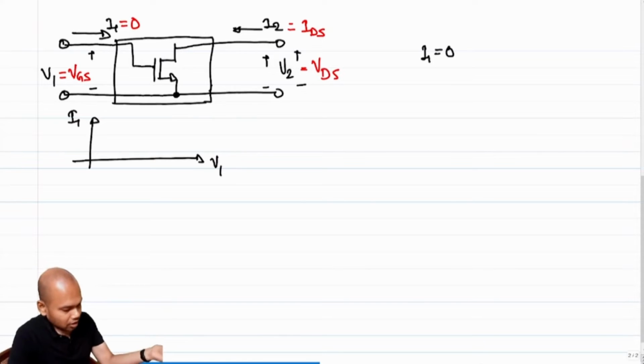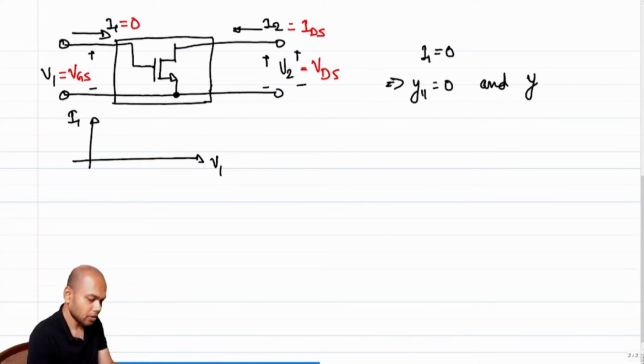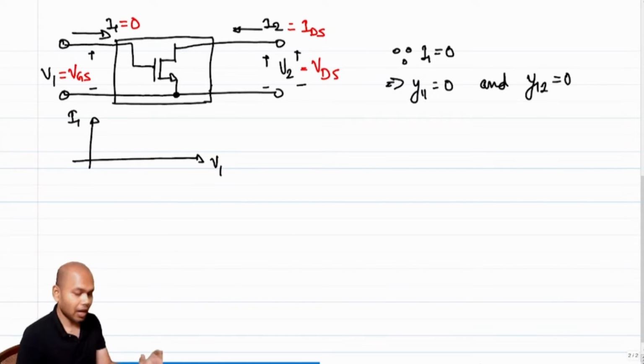I do not have to plot I1 versus V1 and I1 versus V2, which naturally means that Y11 is equal to 0 and Y12 is equal to 0. So since I1 is equal to 0, these are the natural consequences, right? So we are off to a good start, because what we expected from an ideal two-port is that Y11 should be equal to 0 and Y12 should also be equal to 0.